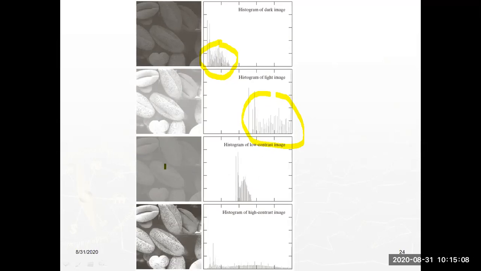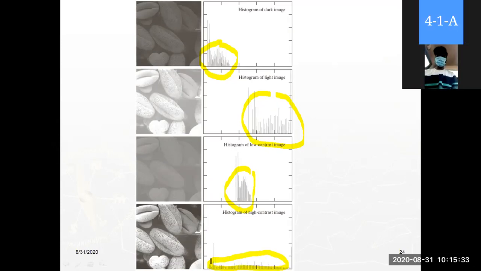Now consider low contrast. The contrast is very dull here, so in this case the histogram is in the middle. Next, in high contrast, the histogram is spreading over the scale, that means from dark to white.